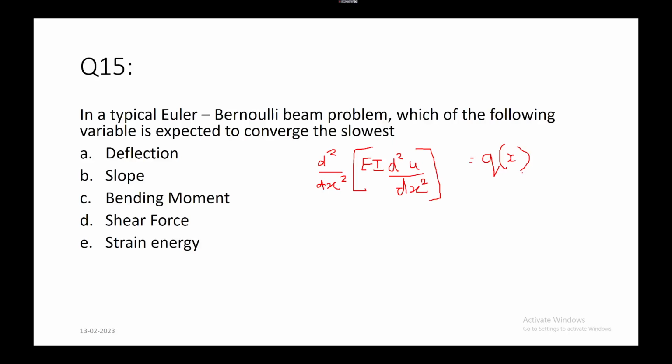So this is your differential equation. This is the governing differential equation for the bending of a beam.